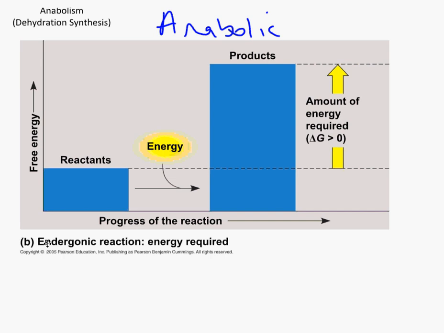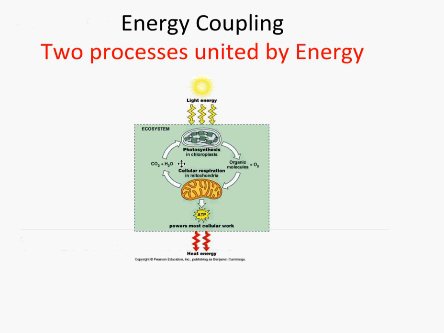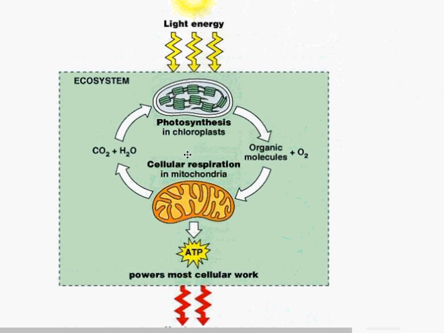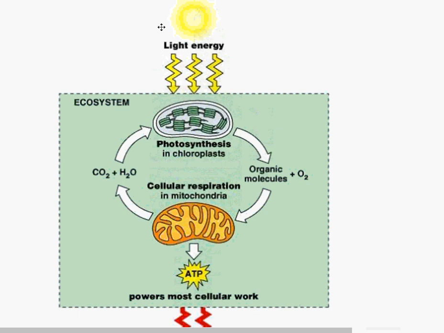These two types of reactions are coupled regularly in living systems. And so here you see that we call this energy coupling. These two processes are united, and photosynthesis and cellular respiration are great examples of this. In photosynthesis, energy is taken from the sun, and that energy is transformed into some sort of organic molecule like a sugar.